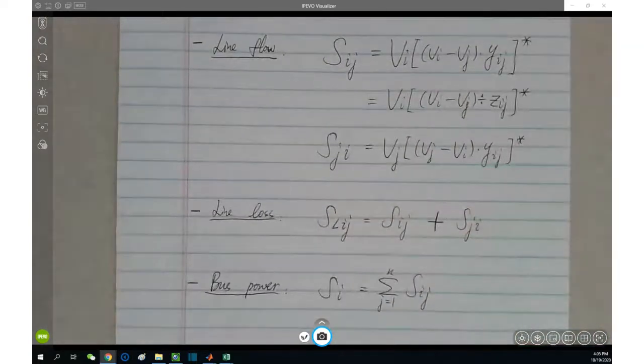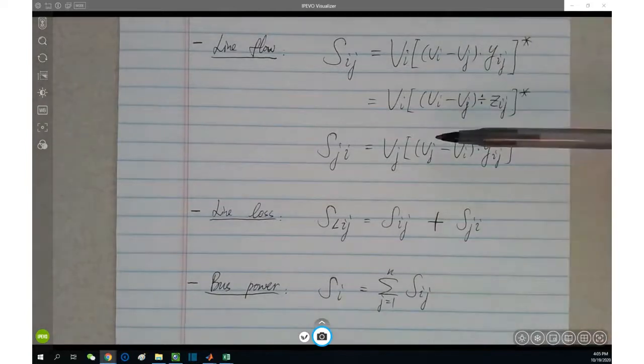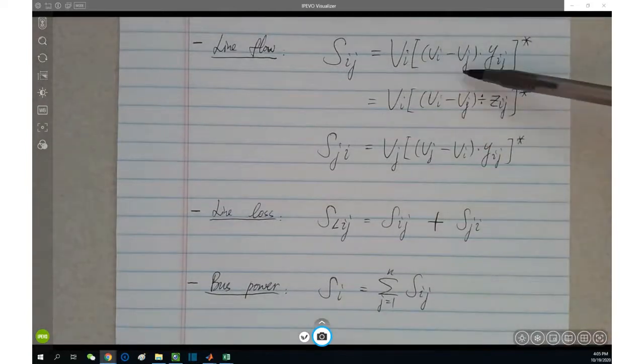Repeating the formulas here, first the line flows, how we calculate it: Sij equals the voltage times the current conjugate. As simple as this. Once again, this is per phase representation, so we are using V times I. For a 3-phase system, you don't forget to times 3. But generally speaking, we just study the per phase network.